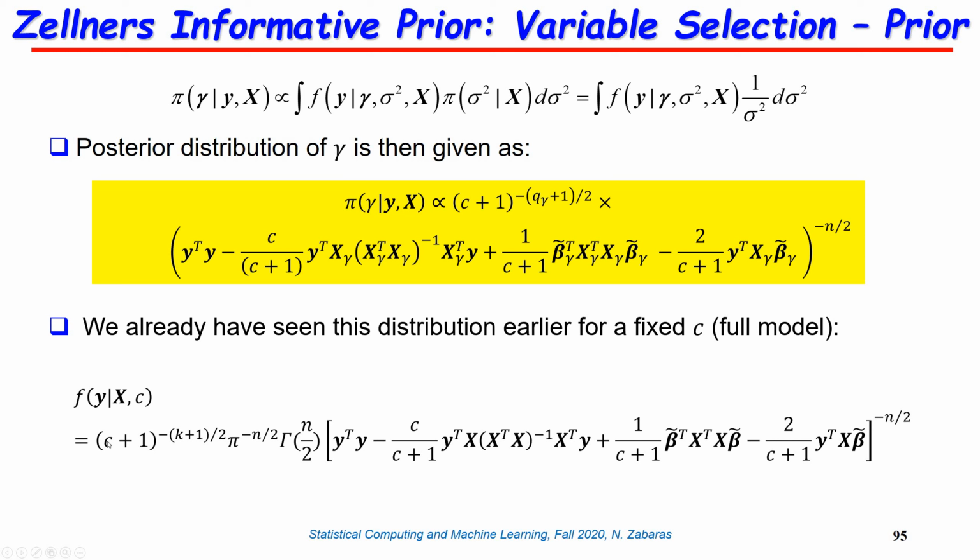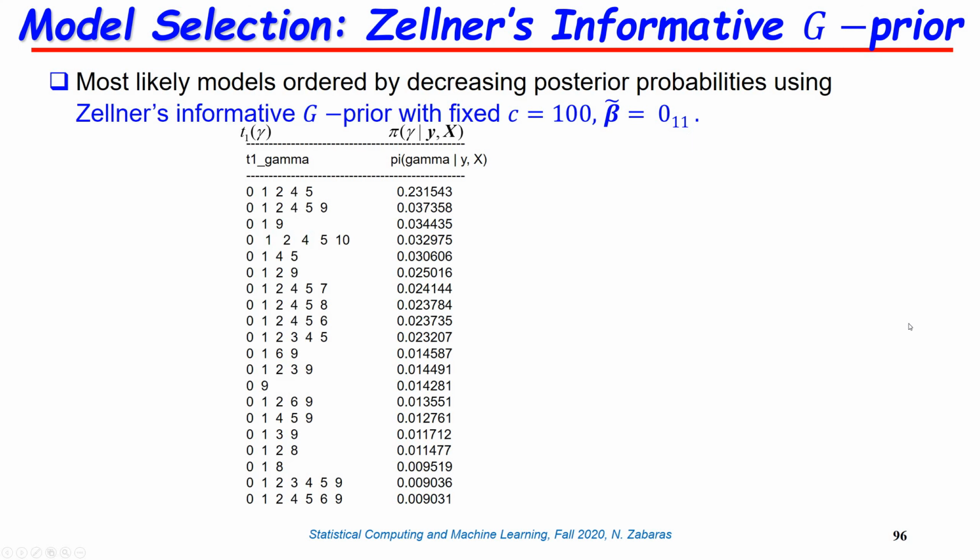And by the way, this is cut and paste from the general formula that I had for this marginal likelihood for a given c from our earlier lecture. So effectively you can appreciate that this formula here is identical, it is the same formula, just changing x to x gamma and just changing tilde of beta to tilde of beta with subscript gamma.